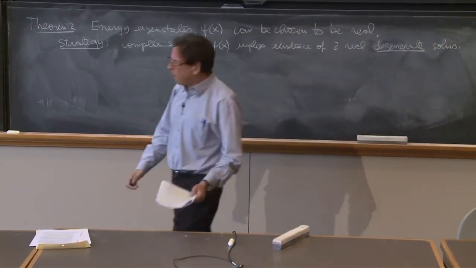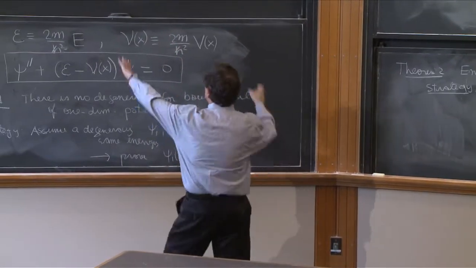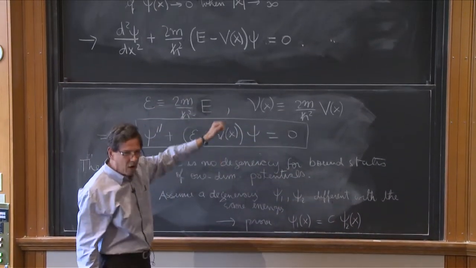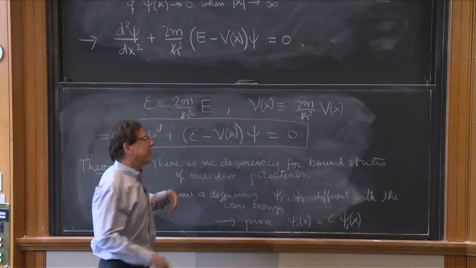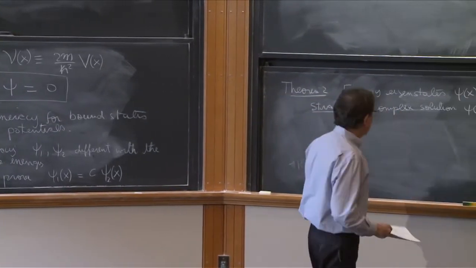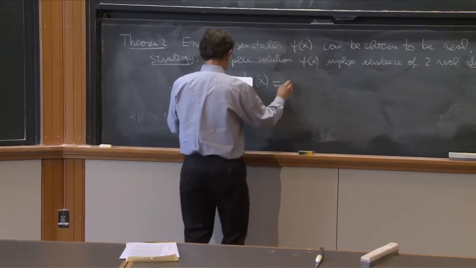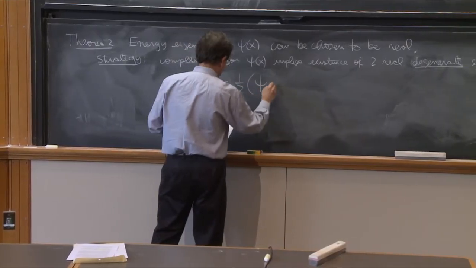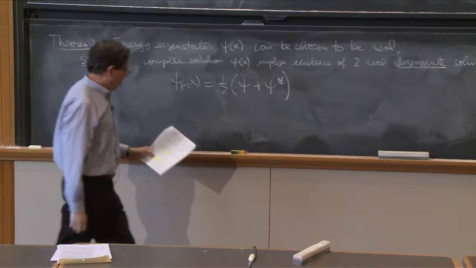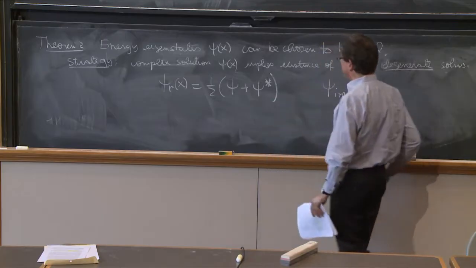How could you prove that? Well, it probably would occur to you that you would take a solution and say, oh, this solves it, and then you would show that psi star also solves this equation, and then by linearity of the Schrodinger equation, you can form what we would call the real solution, formed by taking psi plus psi star and adding them, or the real solution that comes from the imaginary part.